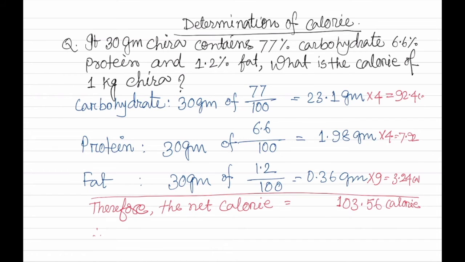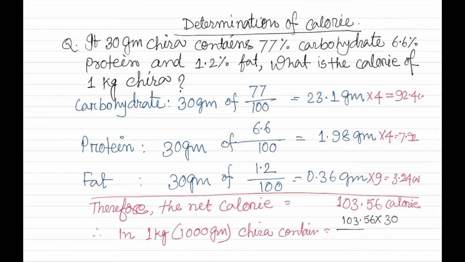So what will be the calorie in 1 kg, which means 1000 gram chira? The answer will be 103.56 into 30 divide 1000.